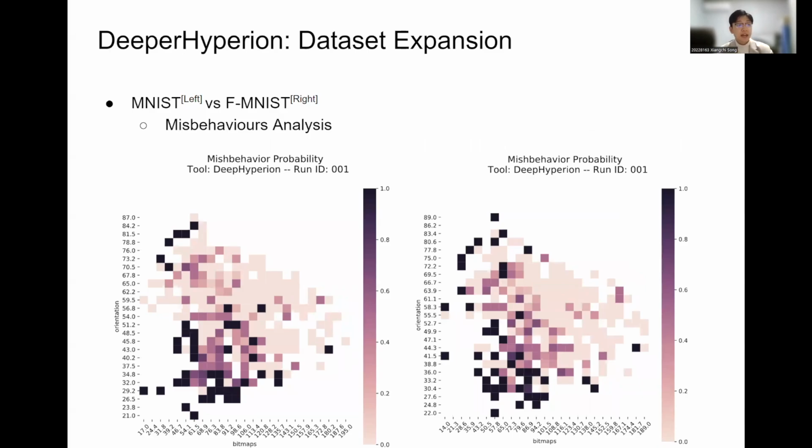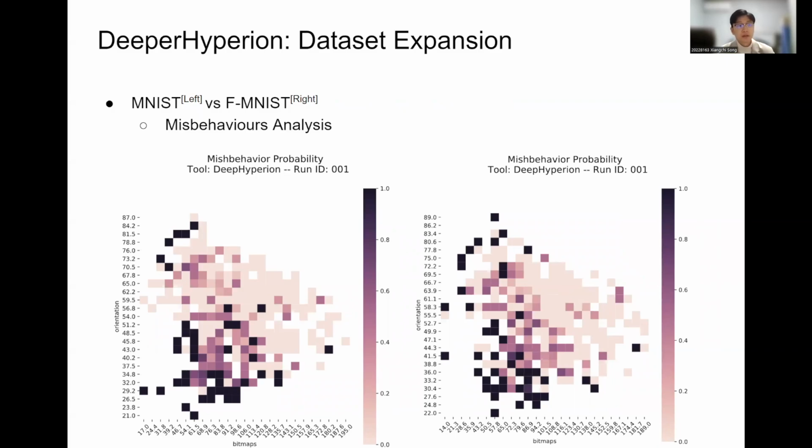So first, the misbehavior probability analysis. The F-MNIST model seems to exhibit a broader range and a higher possibility of misbehaviors across the feature space. By the way, the F-MNIST always occurs on the right side. I mean, the right figure is the F-MNIST, and the left is the MNIST. This may be attributed to the higher complexity of the dataset.